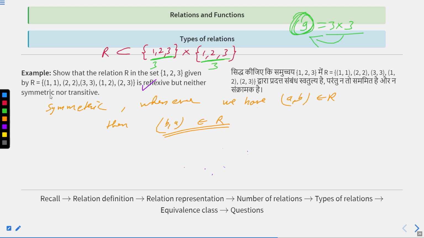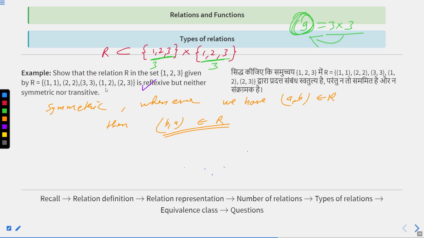So let us see. (1, 1) belongs to R. If you interchange these elements, you will get the same element.